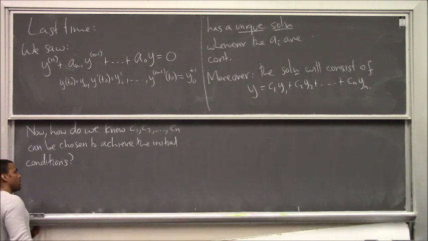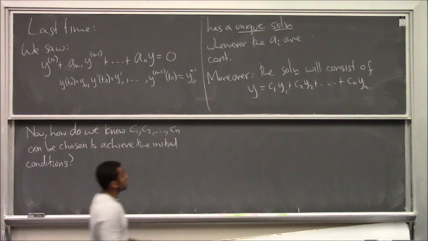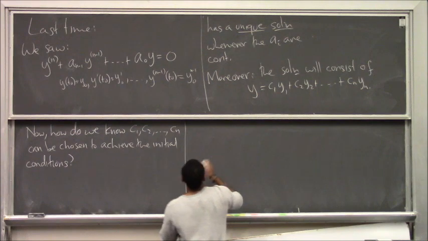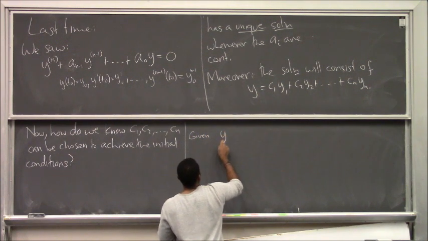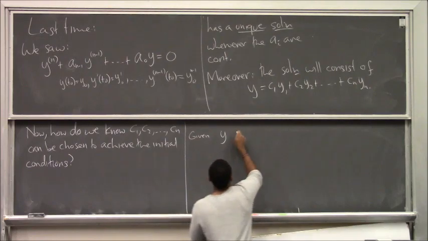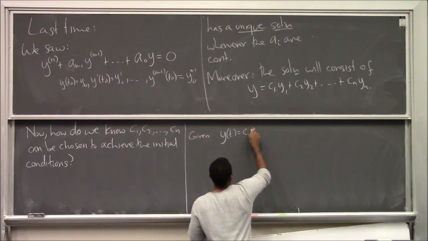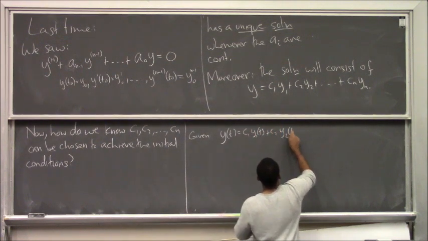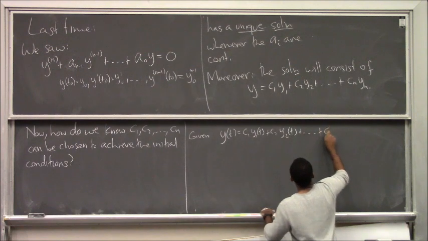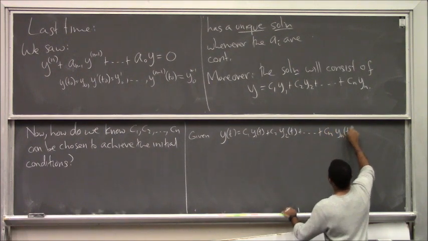Let us see. How do we figure that out? So, given that our y is the solution, our y of t is going to be C1 y1 of t plus C2 y2 of t plus Cn yn of t.